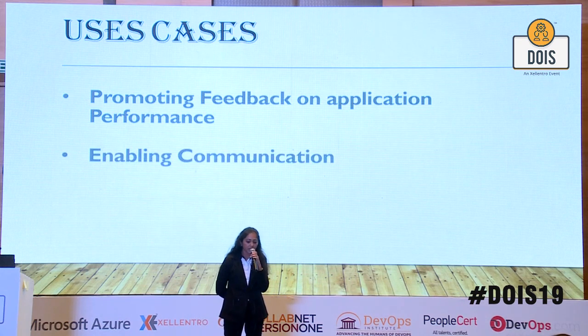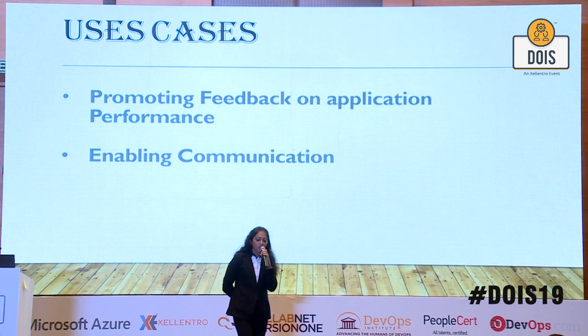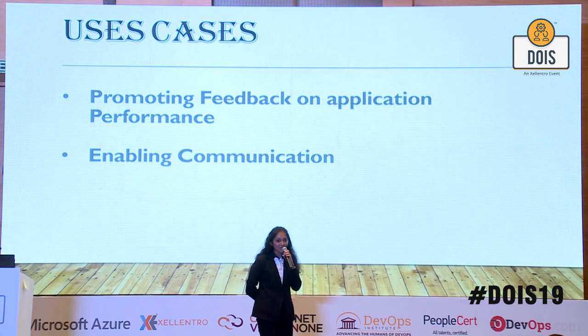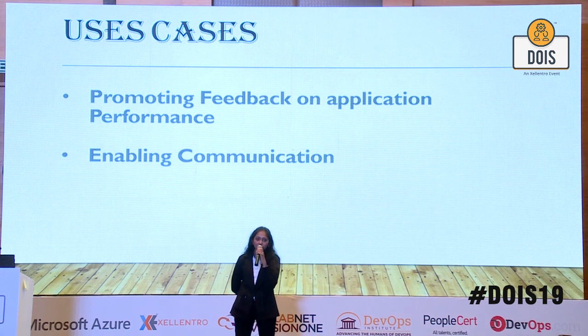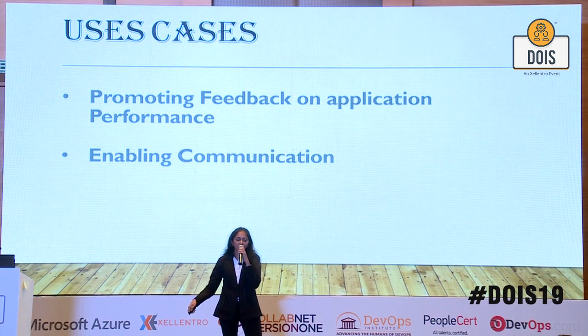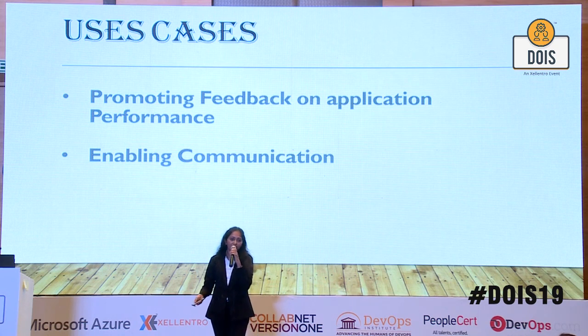The second one is enabling communication. Especially in the structure where we are working, development is being done by one organization, an SI, and deployment and operations are being done by a third-party vendor, another SI or a partner. So how do we communicate between the organizations and between the teams?